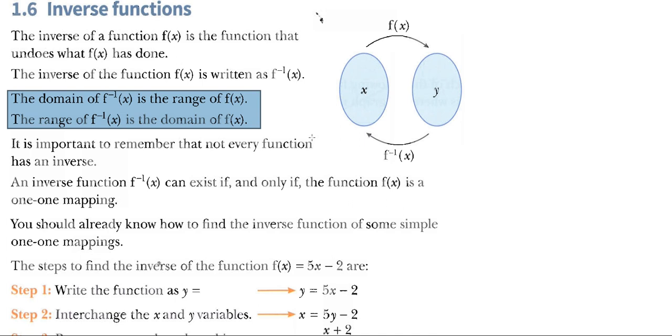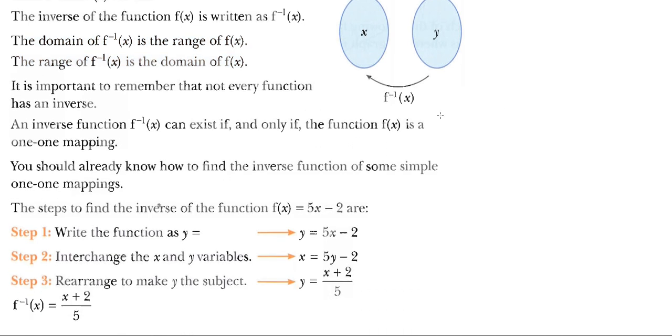Okay? It is important to remember that not every function has an inverse. So this point is also very important. For example, if we have a function, it is not necessary that its inverse exists. So which kind of function has an inverse?